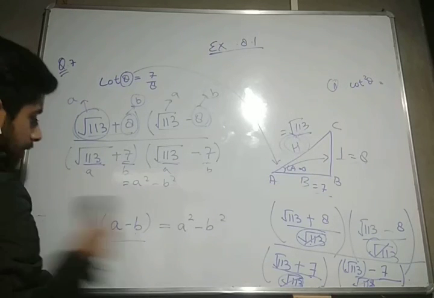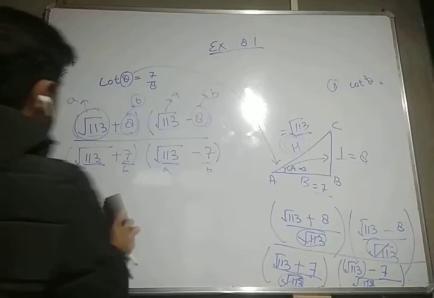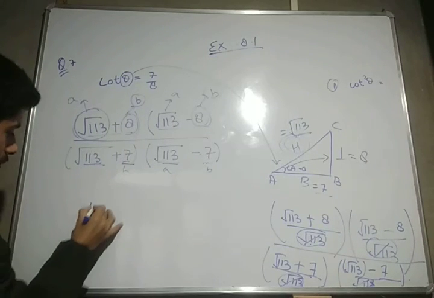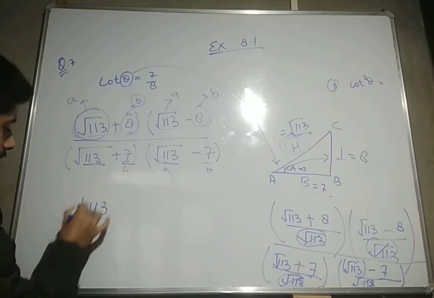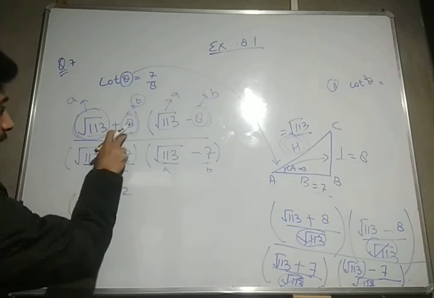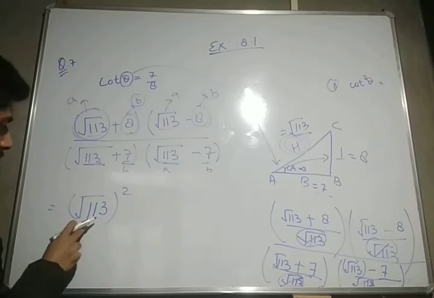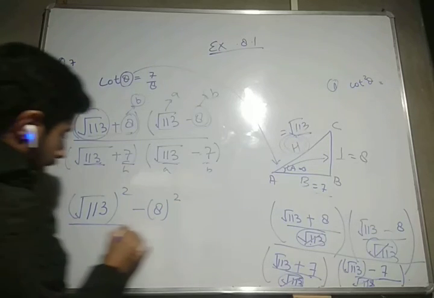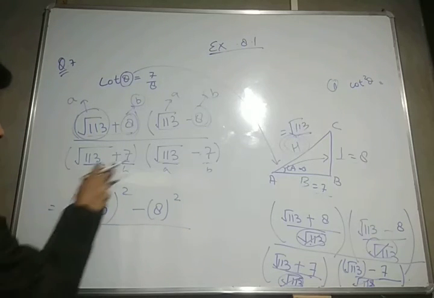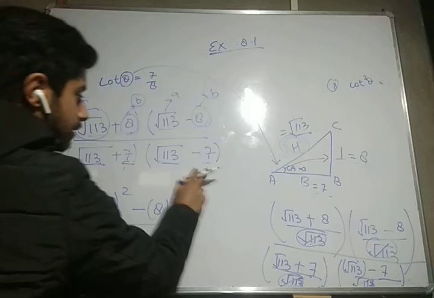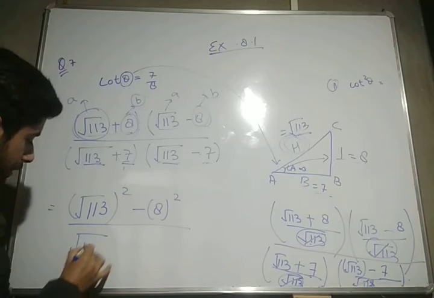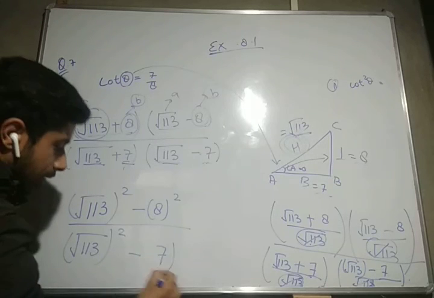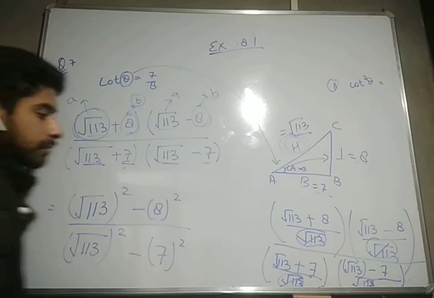By this identity, which we just discussed, it is root 113 square minus 8 square, divided by root 113 square minus 7 square, that means A square minus B square, where B is 7.